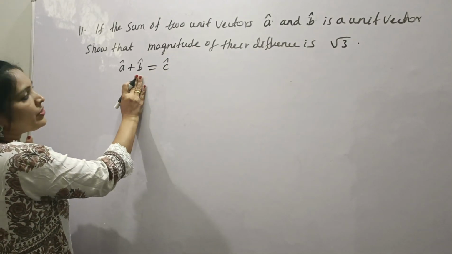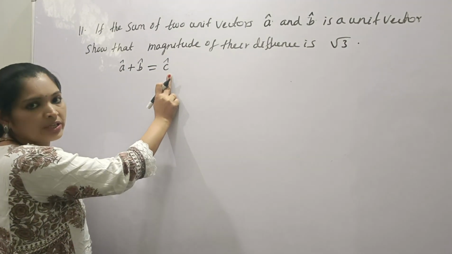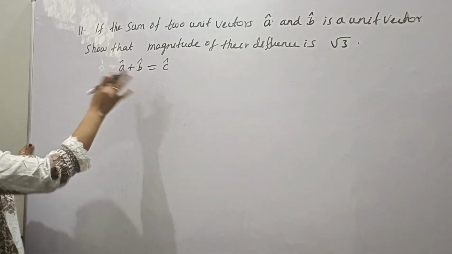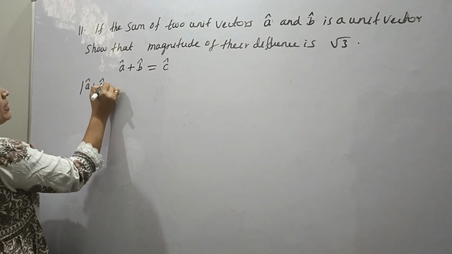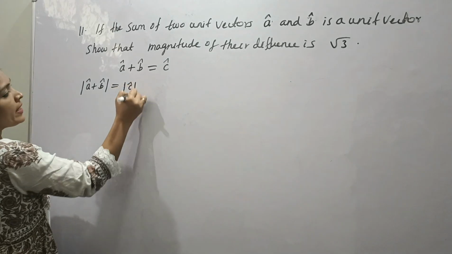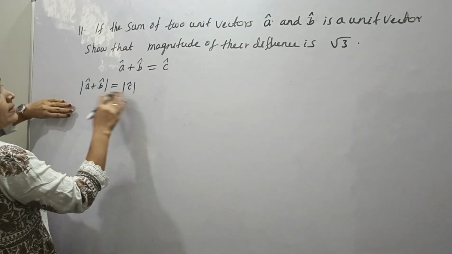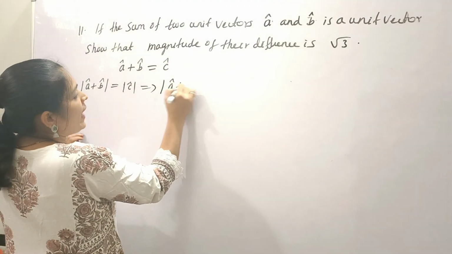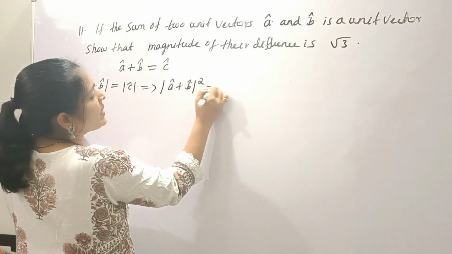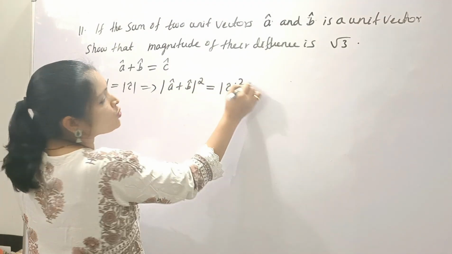Sum of these unit vectors is again a unit vector. Okay. Then take modulus on both sides. Modulus of A cap plus B cap is equal to modulus of C cap. Okay. Then take square on both sides. This implies modulus of A cap plus B cap square is equal to modulus of C cap square.